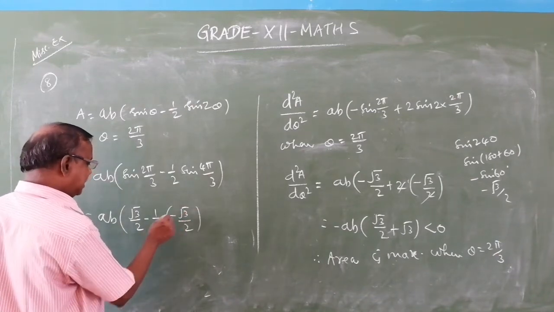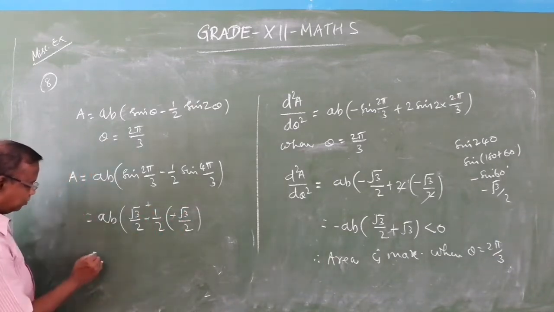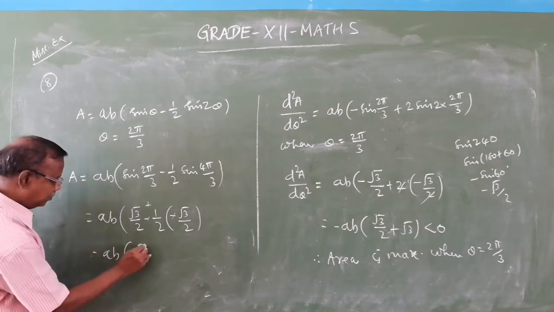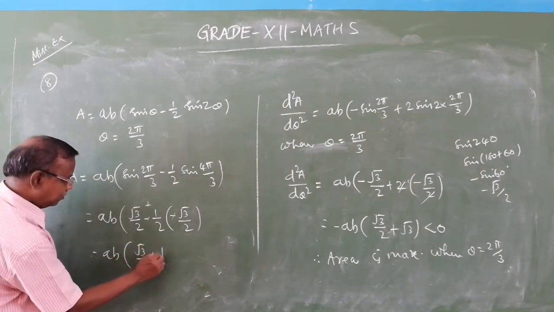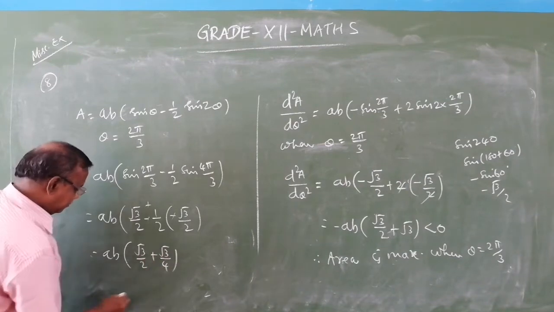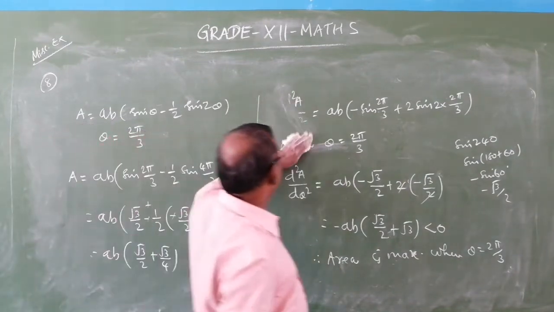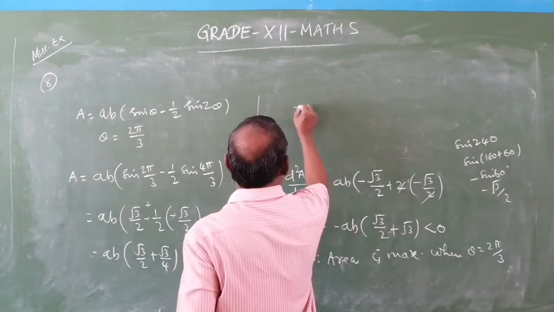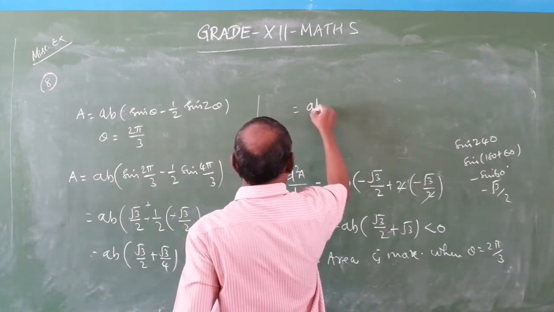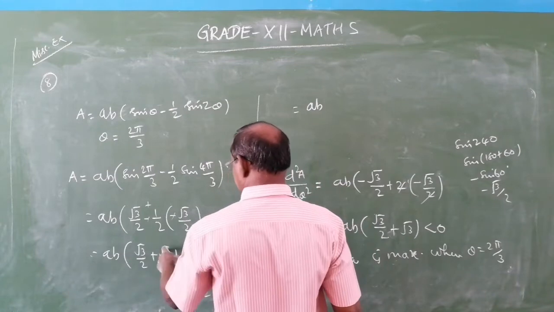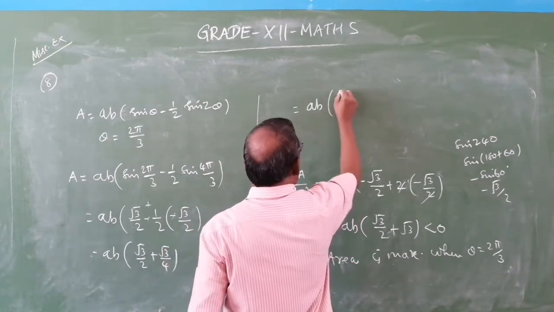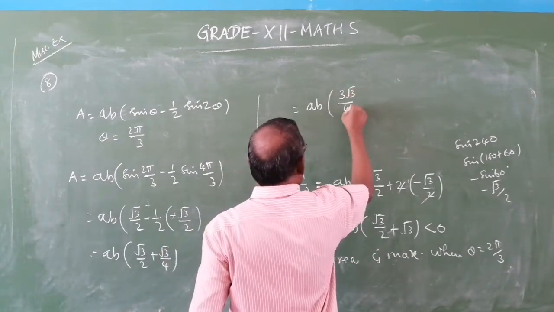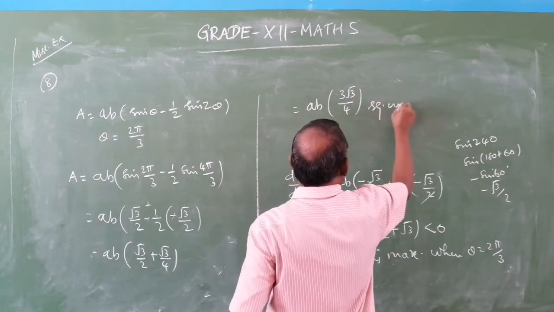So minus into minus is plus. So AB(√3/2 + √3/4), which is AB(2√3 + √3)/4 = 3√3/4 AB square units.